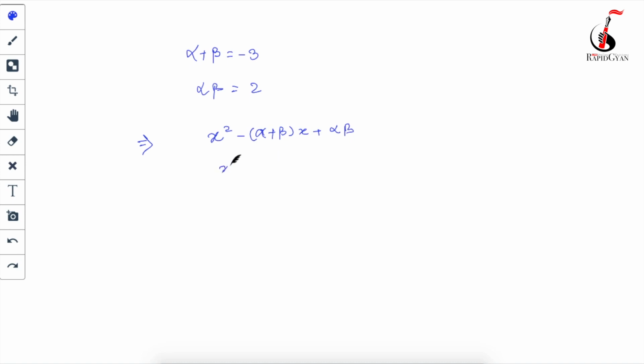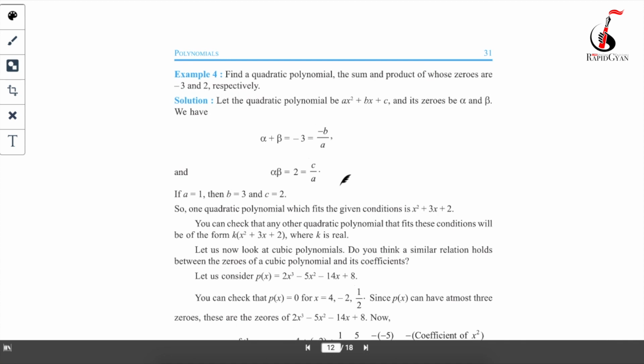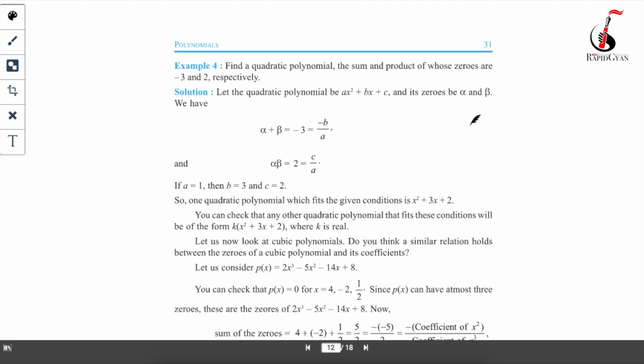So this will become x square minus of minus 3x plus 2, which is equal to x square plus 3x plus 2. So your polynomial will be x square plus 3x plus 2. That's your answer. See, so simple. Okay guys.